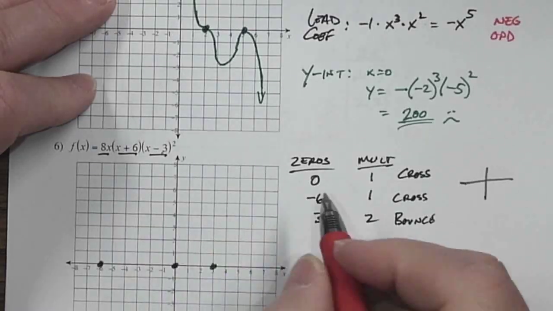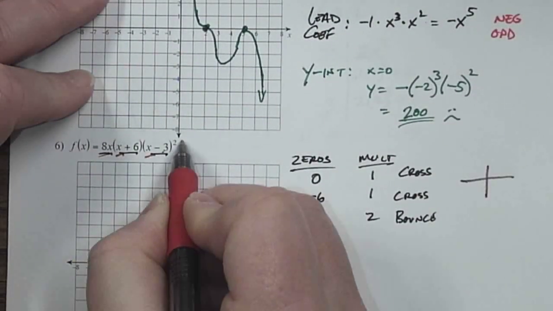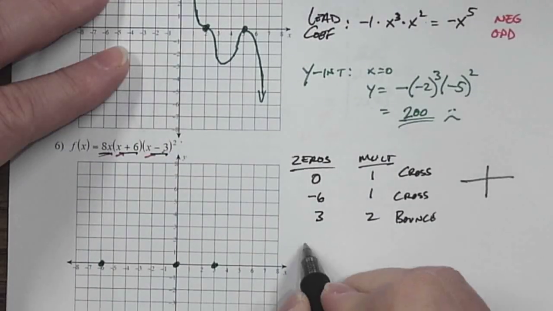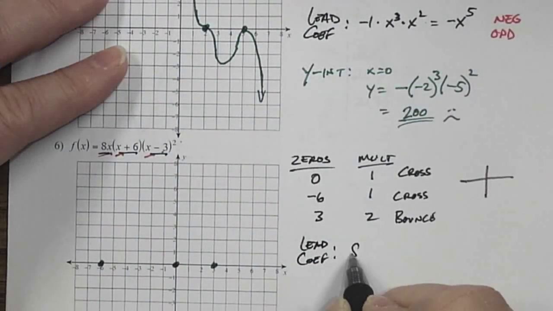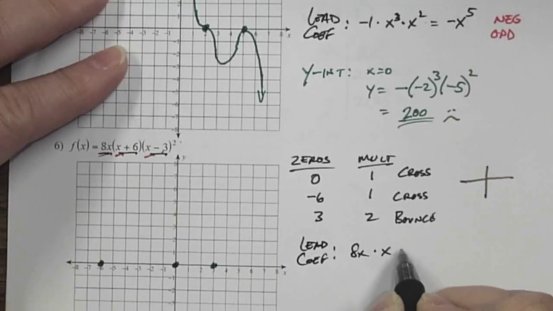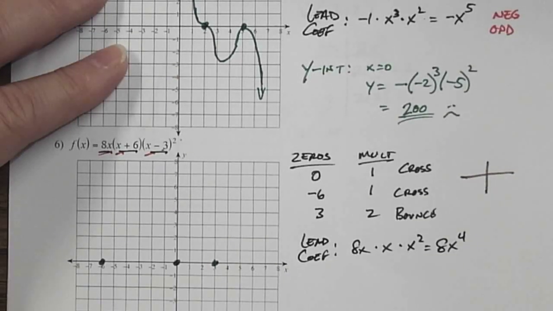End behavior. I need to take 8x squared, x, and x squared for my lead coefficient. 8x times x times x squared. That's 8x to the 4th.